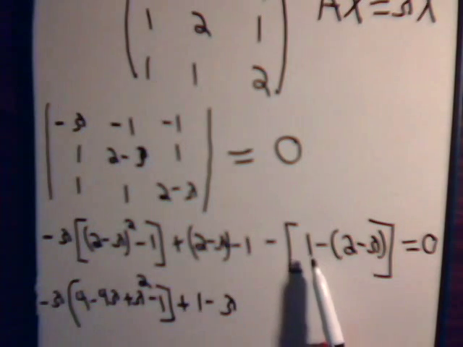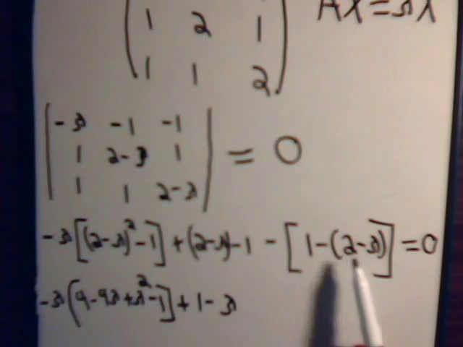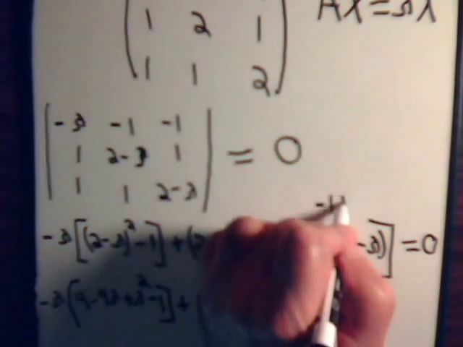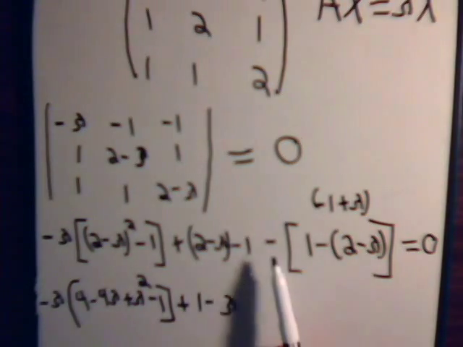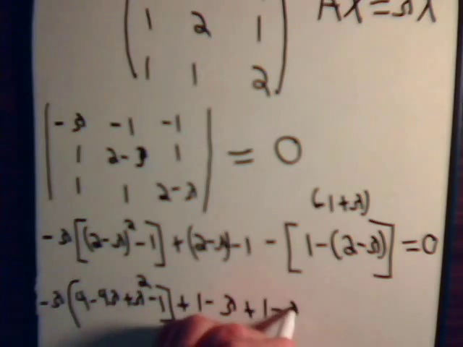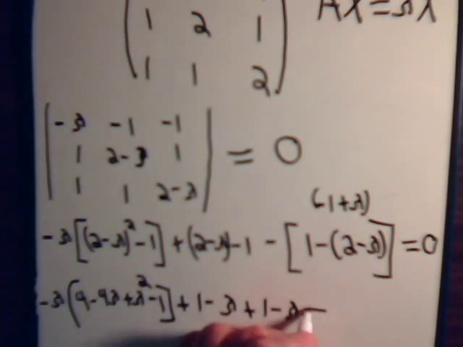And here we have 1 minus 2, that's negative 1, minus negative lambda. Inside here we have minus 1 plus lambda. This is being multiplied by minus 1, so we will have plus 1 minus lambda, multiplying through, equals 0.